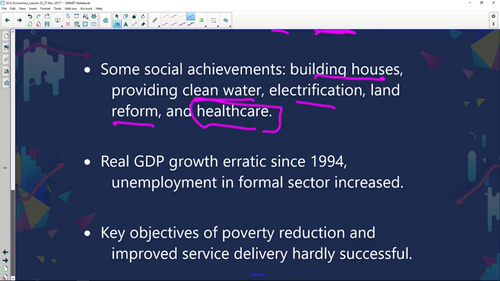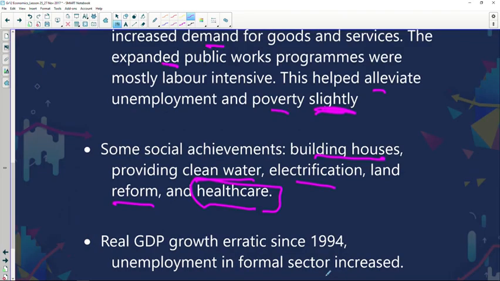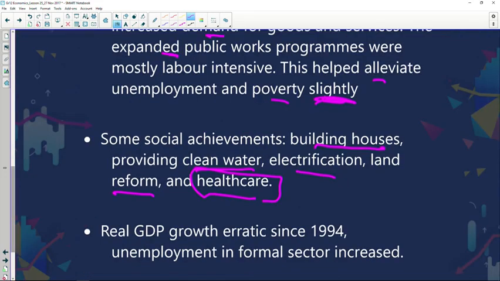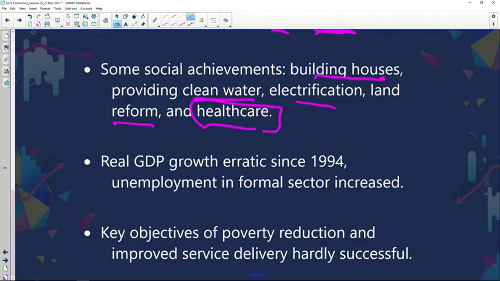The key objectives of poverty reduction and improved service delivery were hardly successful, because these are still the issues that ordinary South Africans are battling with. Service delivery is still a big issue in our country, and the poverty reduction was not really achieved, because you still have a lot of South Africans living under the breadline.